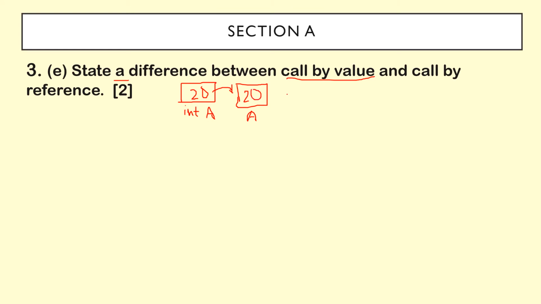Now if I am making any change in the program to this variable A, giving some expression and changing the value, say A plus 5, then the value will become 25. This will become 25.